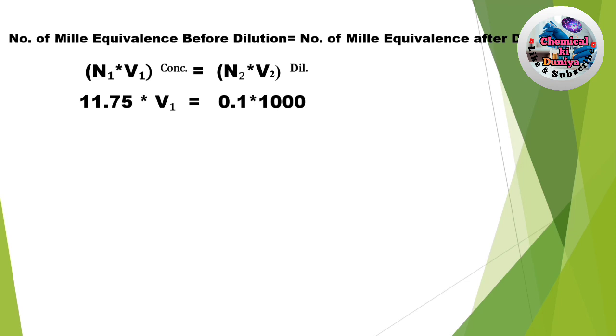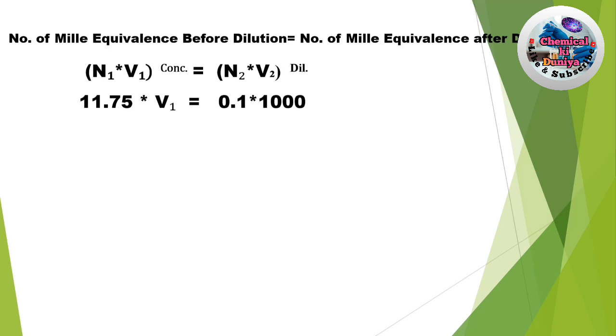N2 is the normality of the HCl we want to prepare, N2 is equal to 0.1. Now V1 is the volume of 11.75 normal HCl which is required to make 0.1 normal HCl. We have to find out this value V1.